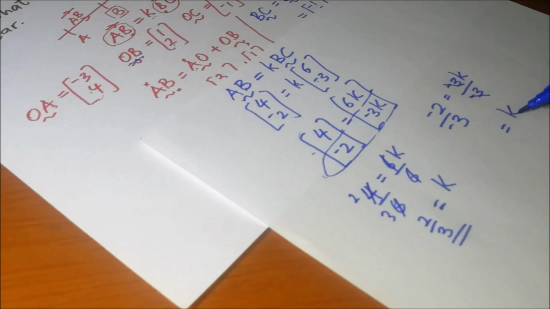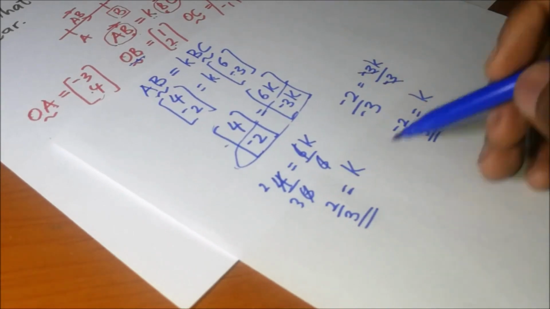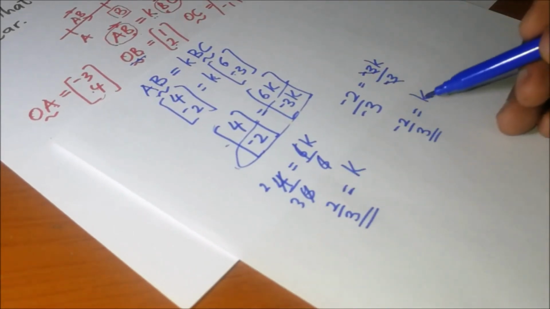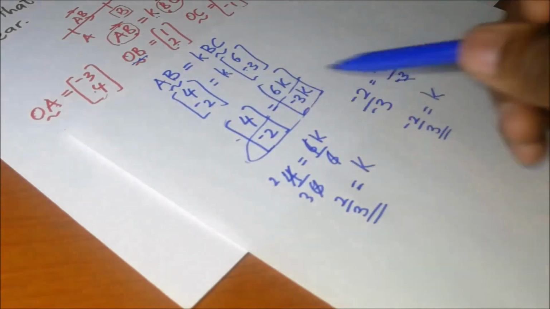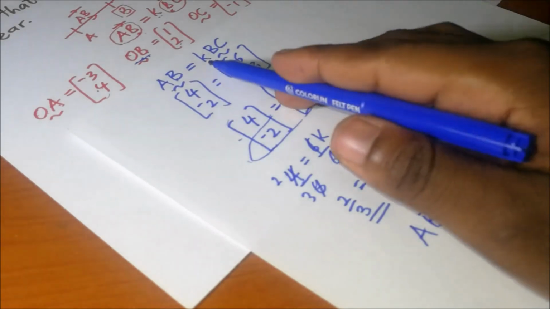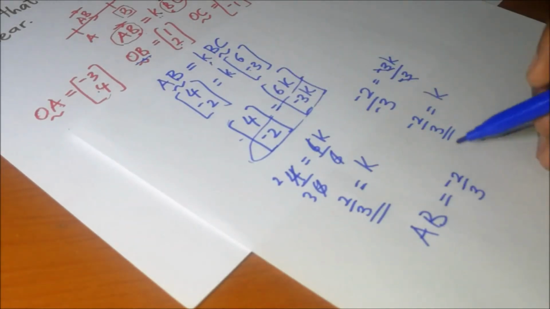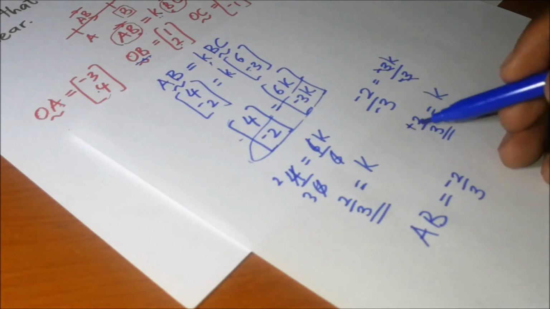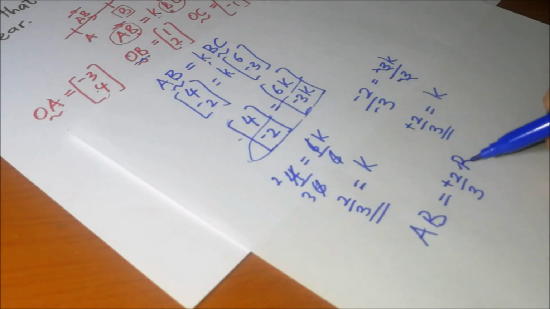We shall end up with our value of K as 2 over 3. So you realize that our values of K for both up and down are the same. So that gets us to this conclusion that AB is equal to our value of K, which is 2/3, positive, times BC.